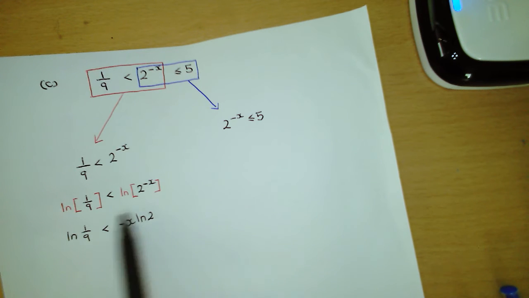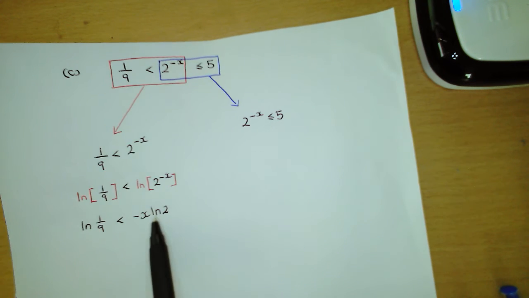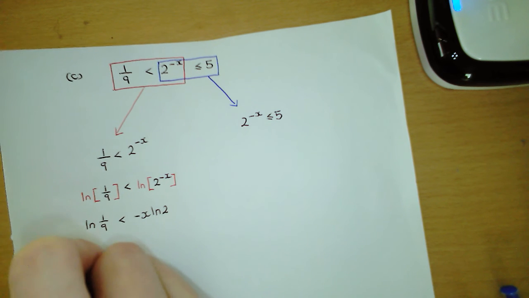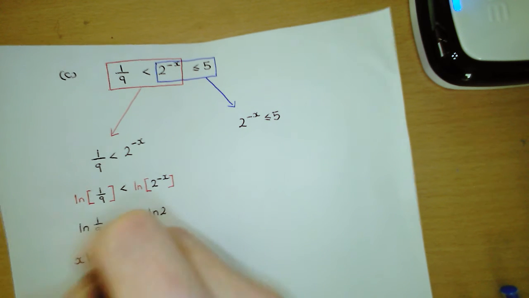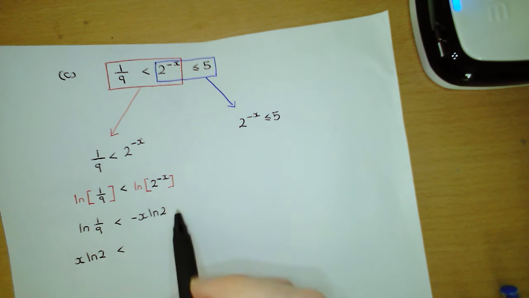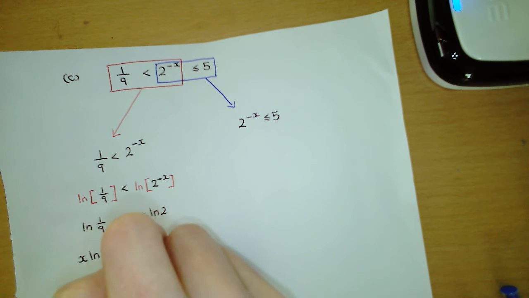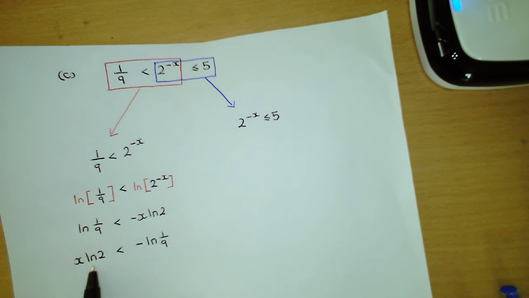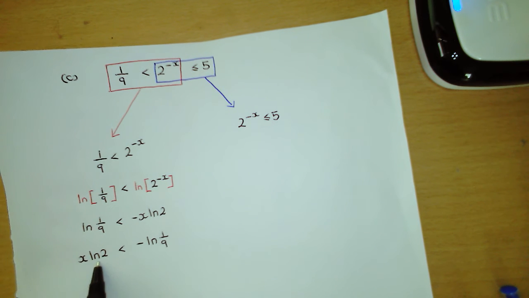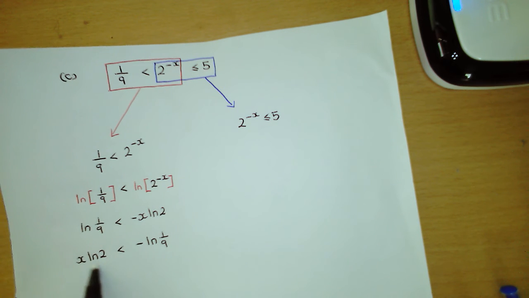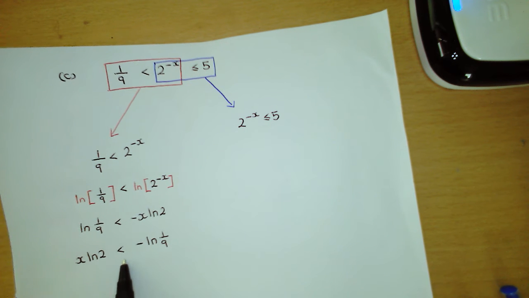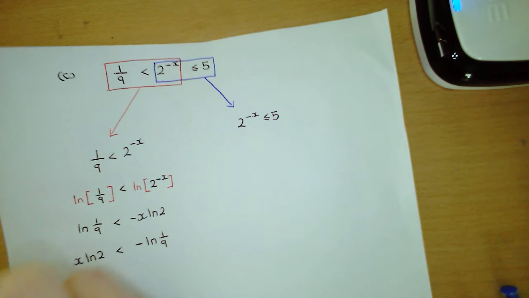Again, I don't like the fact the term that contains x is negative, so I'm going to shift it to the other side to make it positive. And then shift the natural log of 1/9 over to the other side. Okay, we're going to divide both sides by the coefficient of x, which is natural log of 2, and we're dividing by a positive, so the inequality sign does not reverse direction.